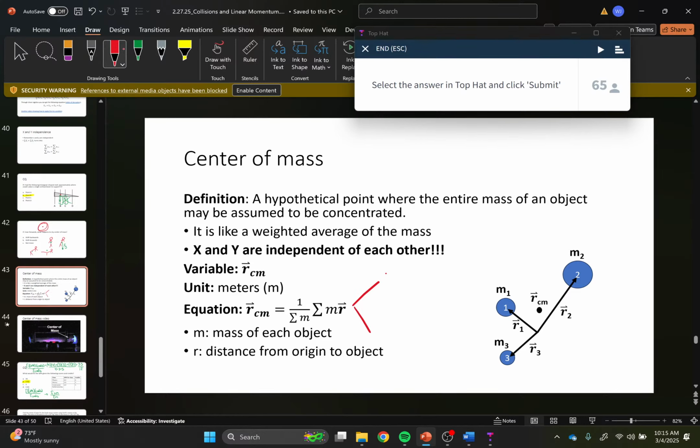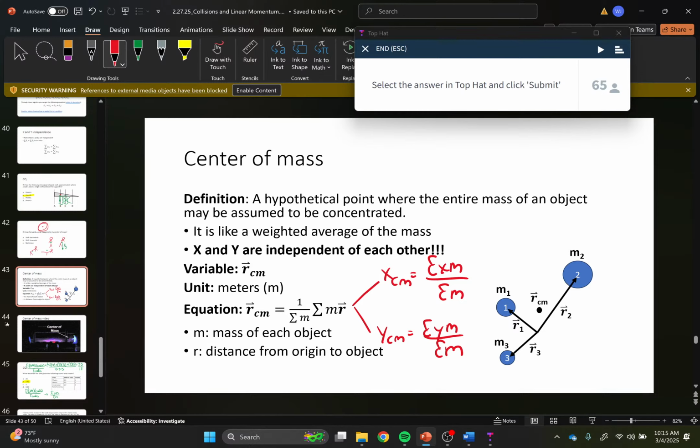If you want the X center mass, you're going to do 1 over sum of X times M divided by sum of M. If you want the Y center mass, you're going to do sum of Y times M. So if you have a bunch of objects and you want to find the center mass of them, you multiply where each object's located times its mass, add all of those, and then divide by all the mass, just like you all did with your GPA stuff.